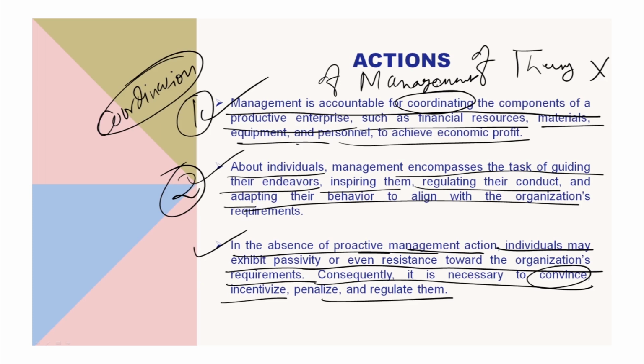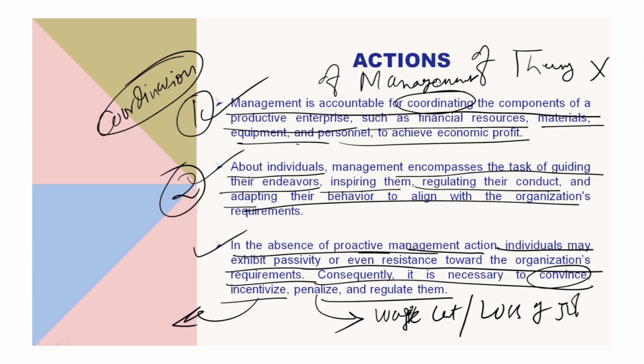If employees are given some kind of rewards for accomplishing the objective, it should be there. If the employees are aware that if they are not able to perform the duties efficiently, there will be some kind of wage cut or loss of job, or some kind of rewards, for example, a percentage of profit or shares.